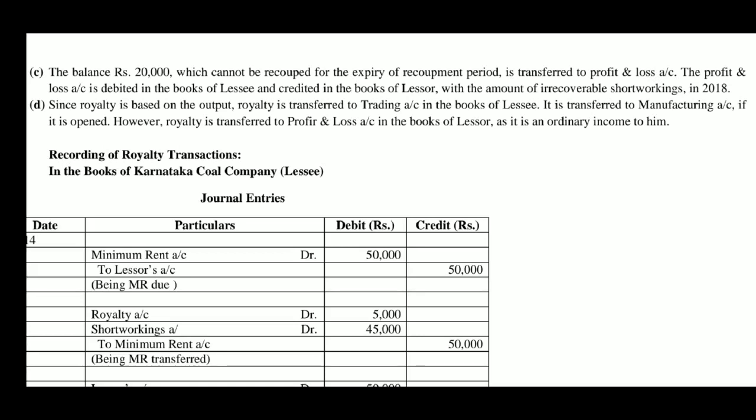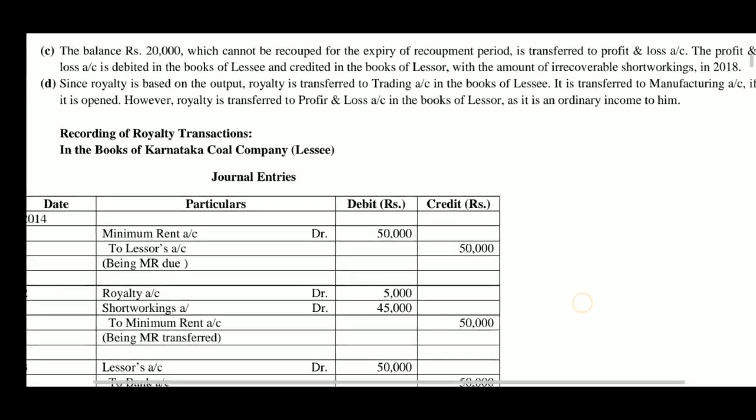When manufacturing account is opened, royalty is ultimately transferred to manufacturing account. In this case, since manufacturing account is not opened, it is transferred to trading account. But in the case of lessor, royalty is always transferred to profit and loss account as it is an ordinary income to the lessor. Now, let us consider the recording of royalty transactions one by one.